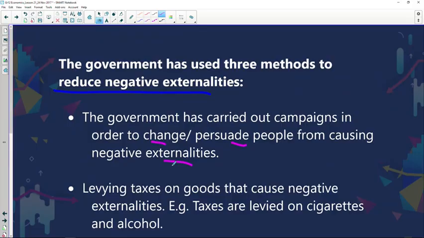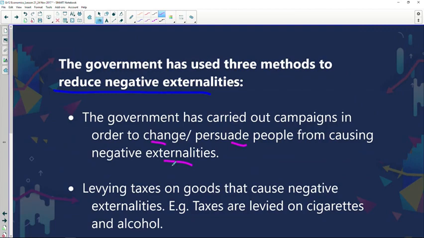Government has spent a considerable amount of budget to create awareness in our societies of the dangers of these negative externalities. It's up to us as consumers to decide whether to stop or to continue using those products. The government has done its part by creating awareness and highlighting the dangers.